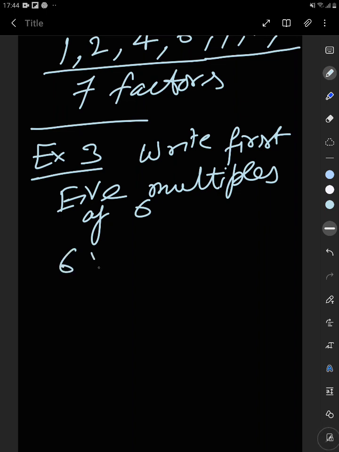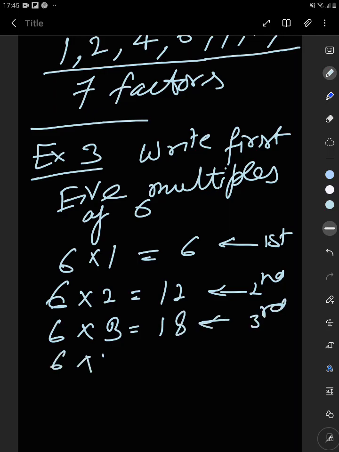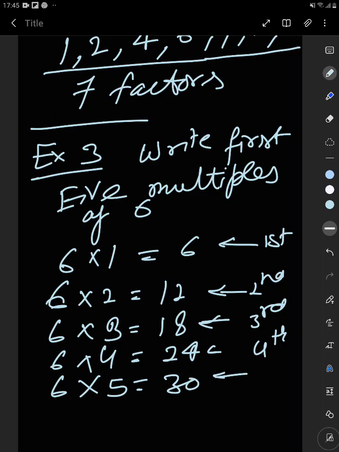So 6 multiplied by 1 is 6, the first multiple. Then 6 multiplied by 2 is 12, the second multiple. 6 multiplied by 3 is 18, the third multiple. 6 multiplied by 4 is 24, the fourth multiple. 6 multiplied by 5 is 30, the fifth multiple.